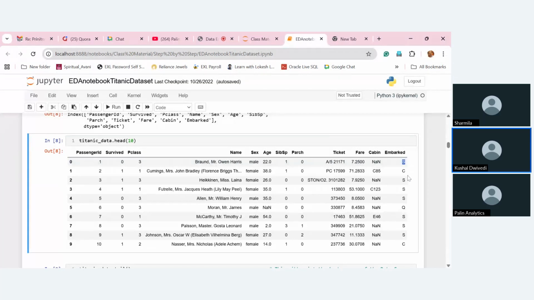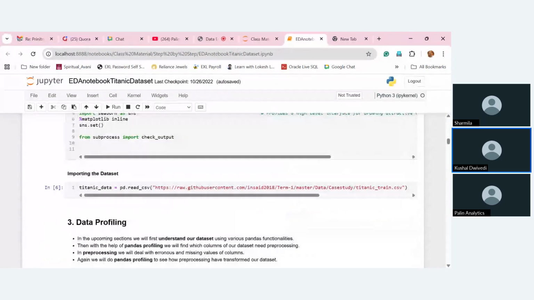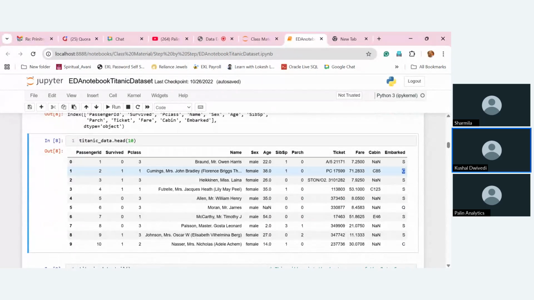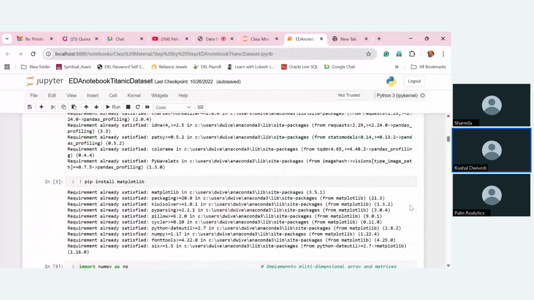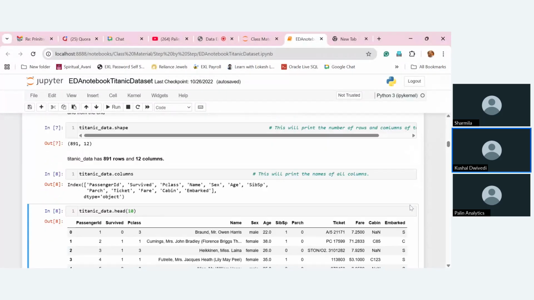One was Southampton, then Queensland, and then a third city. The final destination was New York, and it started from Southampton, then Queensland, then C also. I forgot what C was, but it was some city name.